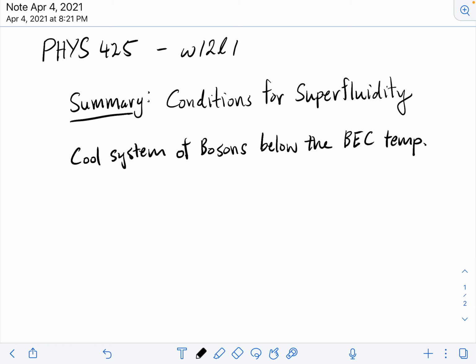And just because you have a Bose-Einstein condensation does not necessarily mean that you will have superfluidity. So when we do have a Bose-Einstein condensate, what we find is that we have a macroscopic number of particles in the ground state.